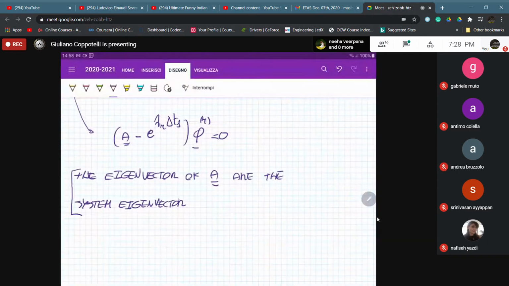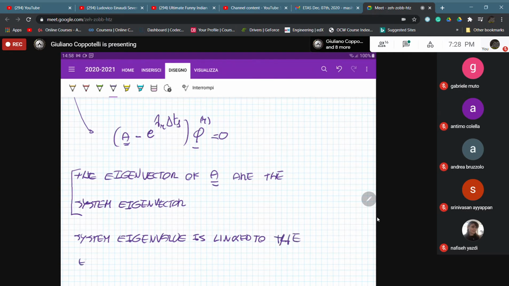The system eigenvalue is linked to the eigenvalue of A through this equation.